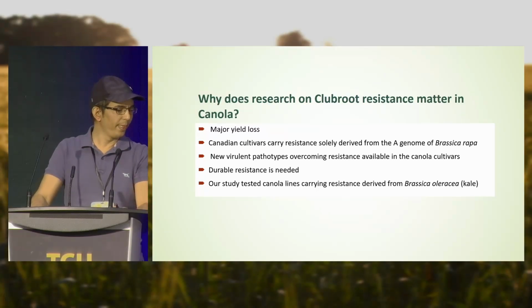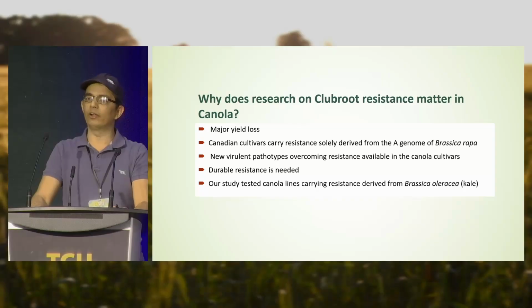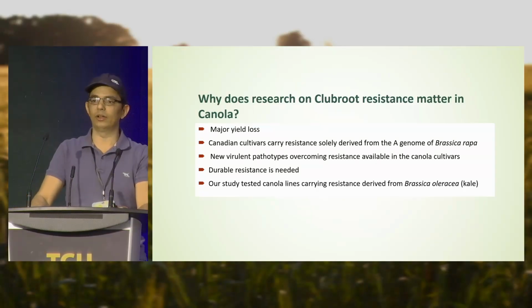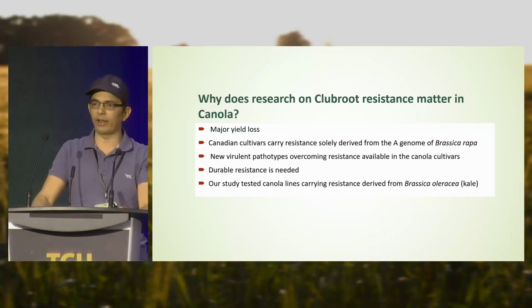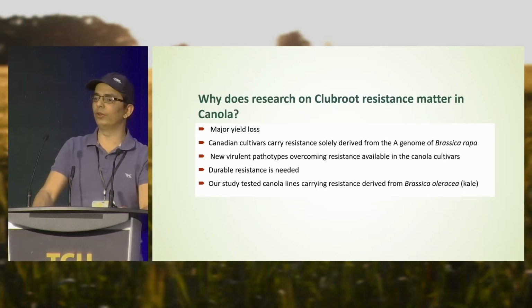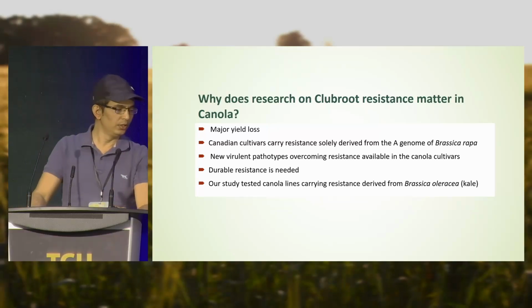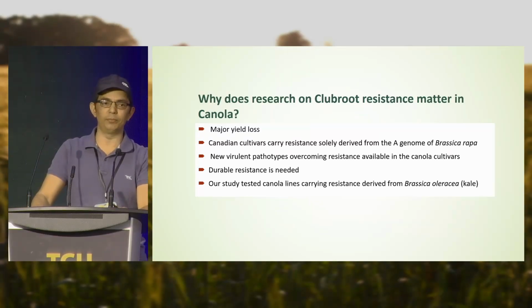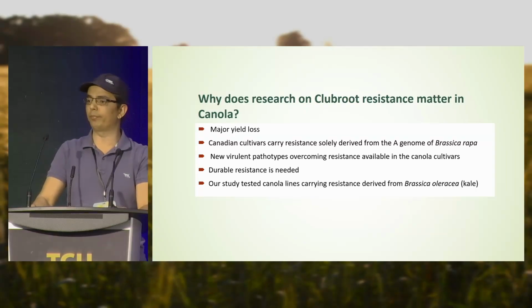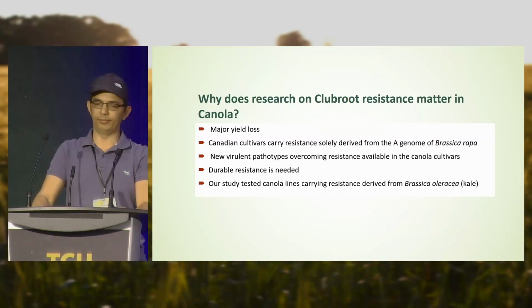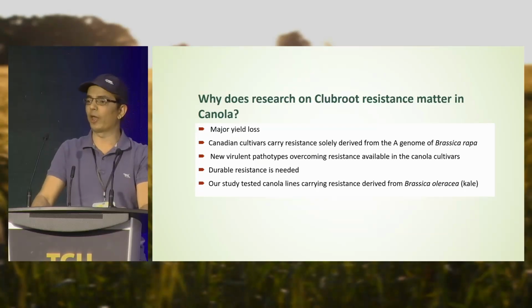Most of the Canadian cultivars grown in Canada derive their resistance against this disease from Brassica rapa, which provides A-genome resistance. The issue with this source of resistance is that it is pathotype specific, and it can be easily broken down with new virulent pathotypes.